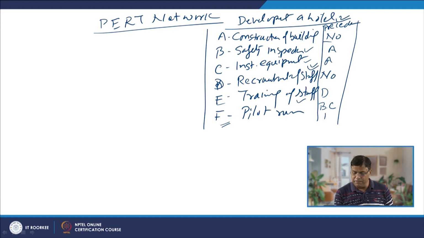So B, C and E are the precedence requirements for activity F, running a pilot test of the hotel itself.